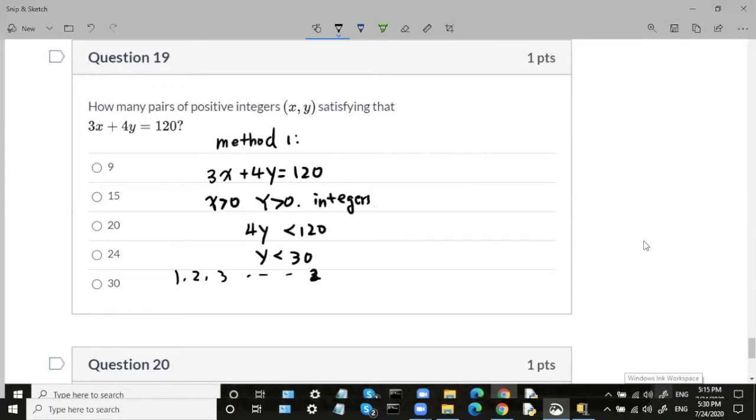We cannot use 30. Okay, so we found out actually when y equals 3, 6, 9, 12, 15, 18, 21, 24, 27, we can solve for x, and it's an integer.